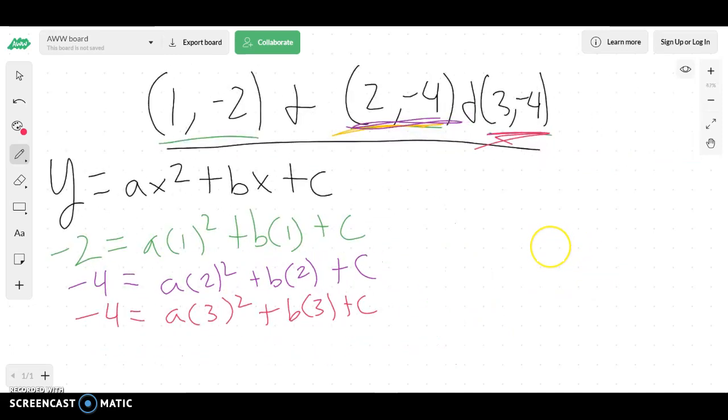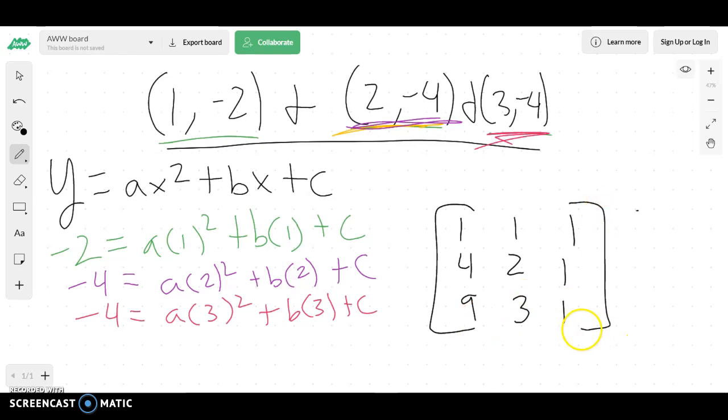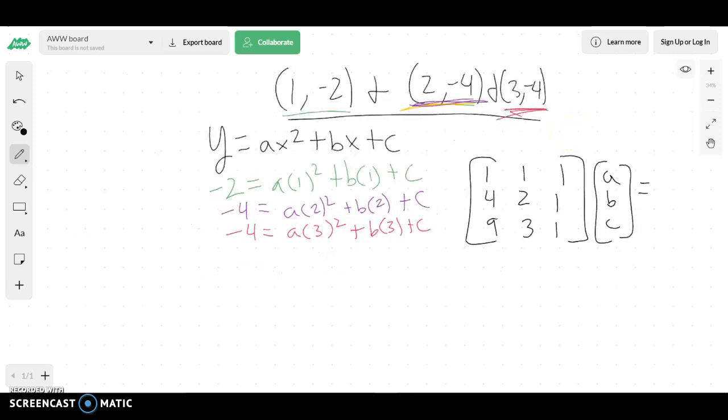So the 3 by 3 matrix that we could write off of this would be 1, 1, 1, 4, 2, 1, and I put 4 because 2 squared is 4, and then 9, 3, and 1, with my matrix being A, B, C. And that would equal our answers, which in this case would be negative 2, negative 4, and negative 4. And that would be my matrix.